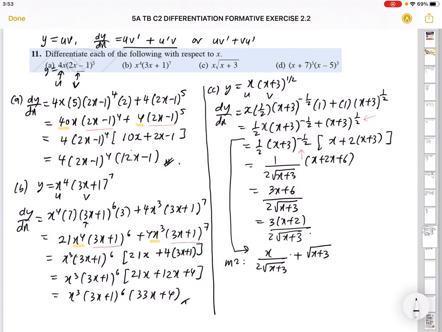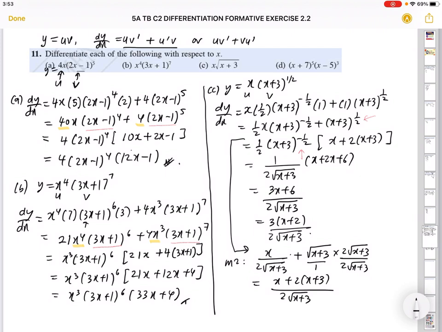Now we know if you want to combine fractions, you need to have the same denominator. So root x plus 3 actually has a denominator of 1. You just have to multiply top and bottom with this. So this will give us x plus 2 times x plus 3 over 2 root x plus 3. Now you notice this is the same thing.